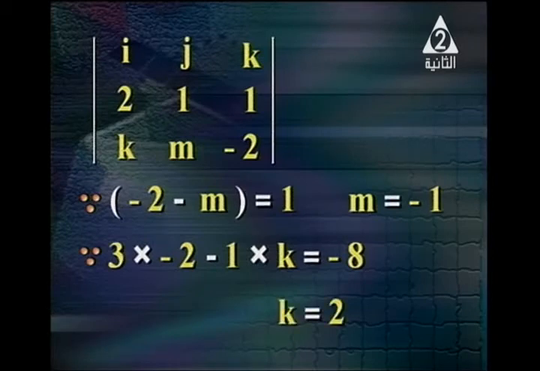Then the answer is k equals 2. Remember, m equals negative 1 and k equals 2. By substituting k equals 2 and m equals negative 1 in the determinant, we find the moment about the origin point.